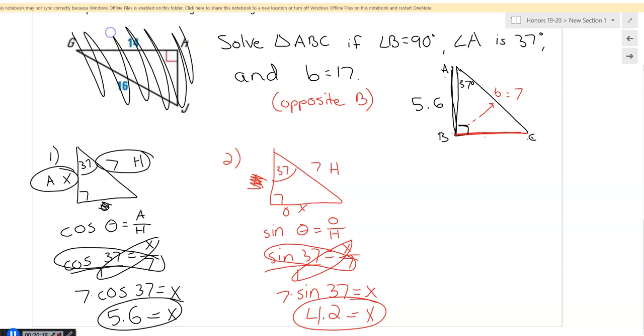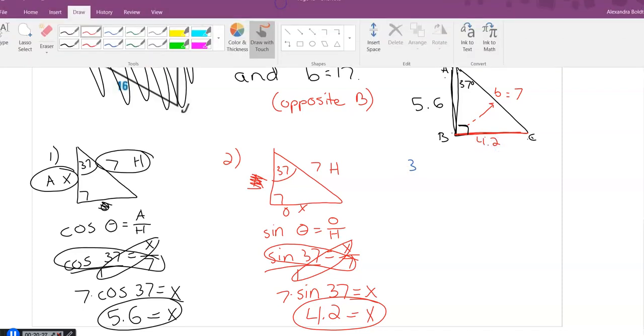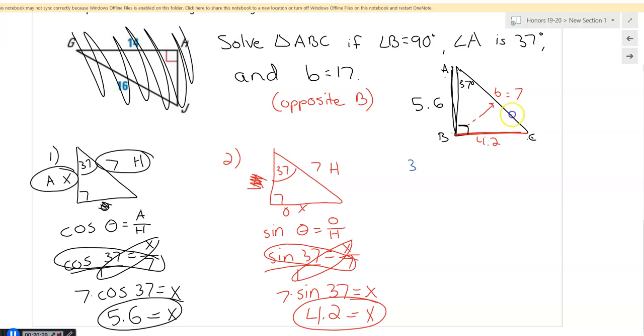Alright, the last part I have to solve for then. Let's put that number in. The only thing I have left to solve for is this angle. So the things I was given were this 37, this 17, and this, that's a right angle. And so x is going to go here. And I am just going to use my triangle angle sum theorem.